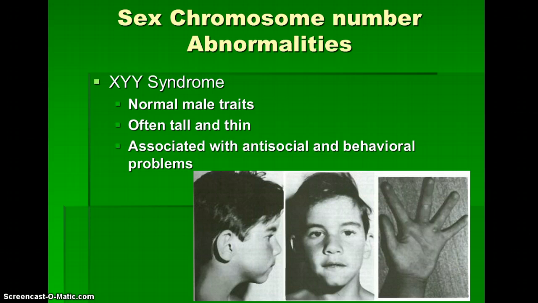They have normal male traits. They're often tall, possibly thin. And at one time, these men were associated with having antisocial and behavioral problems because they thought they produced more testosterone than a normal male. But after tons of studies have been done, nothing has ever become of that. So XYY male, sometimes that's called Jacob syndrome.